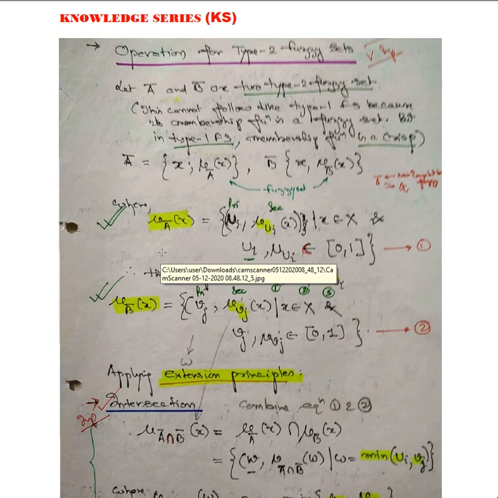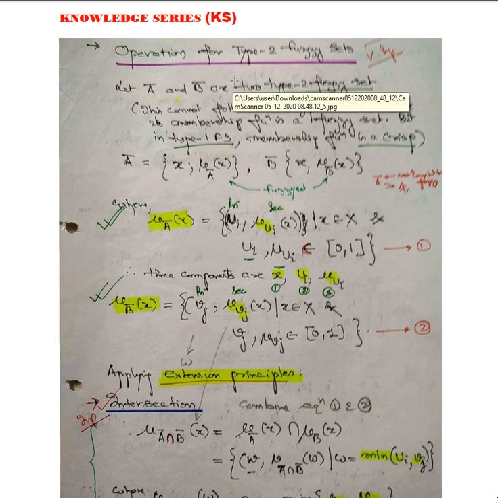Now if you look at the type 2 fuzzy set operation, it is mentioned here that A and B are two sets, and these have to be put under the type 2 fuzzy set conditions.